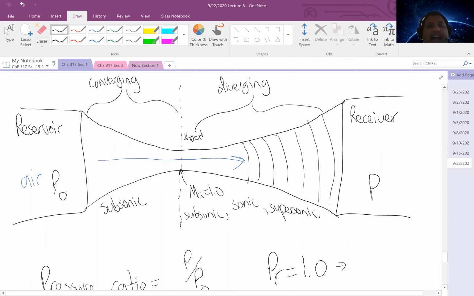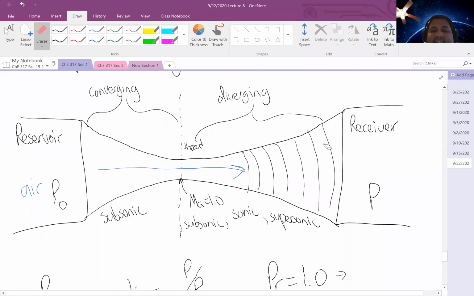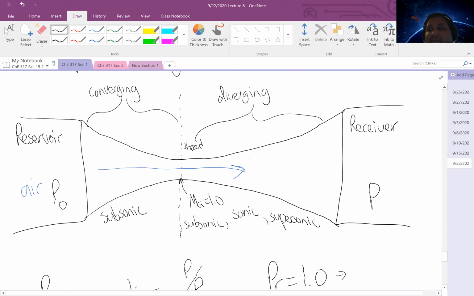Now, isentropic nozzles are unique in that for a particular design specification, you can have your flow set up such that your essentially sonic shock wave propagates along your diverging section such that you never truly experience a shock.